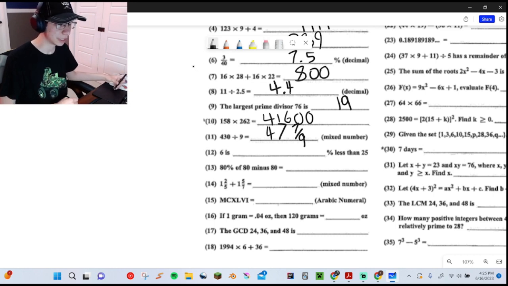Number 12. 6 is blank percent less than 25.